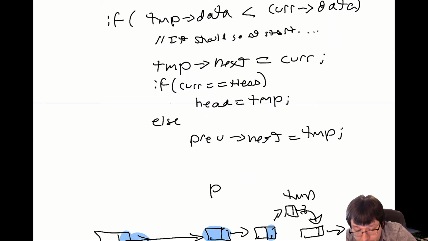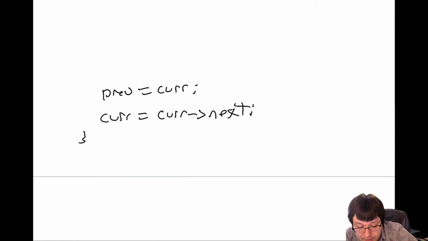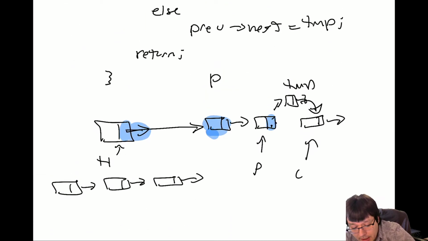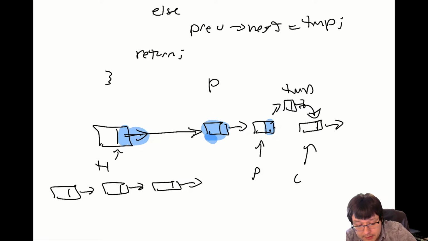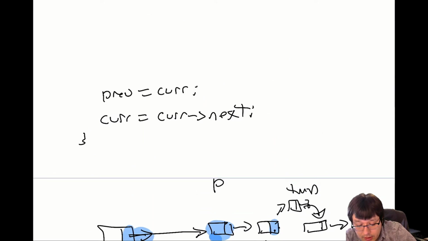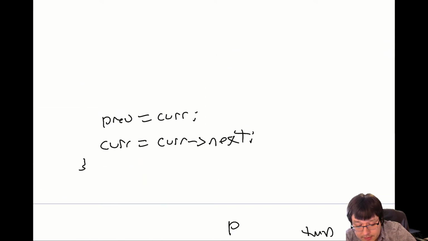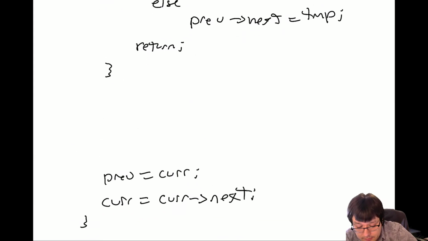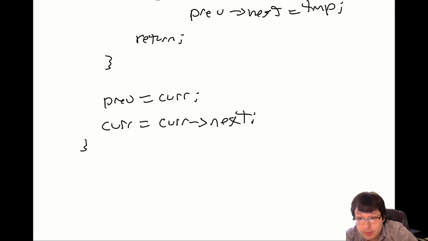Once again, if I happen to go into this part of the if statement, just to make my life easier, I'm going to put a return. That way, if I ever get out of this loop here, that means that I have not inserted yet. But that also means that this must clearly be the last thing I have to insert, because it's the biggest number or whatever.